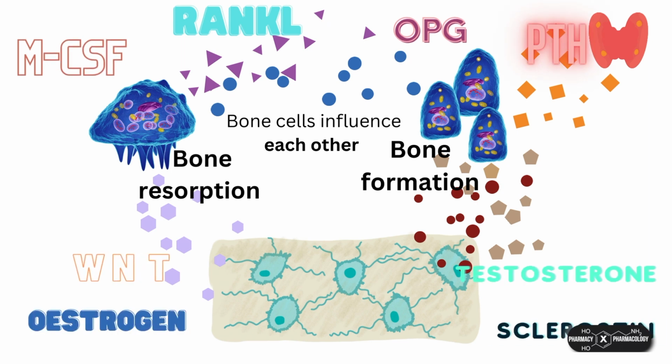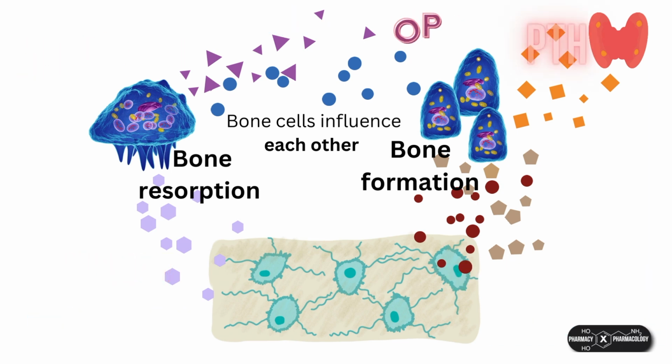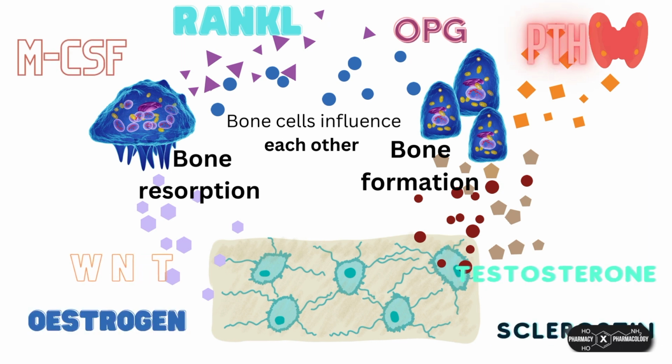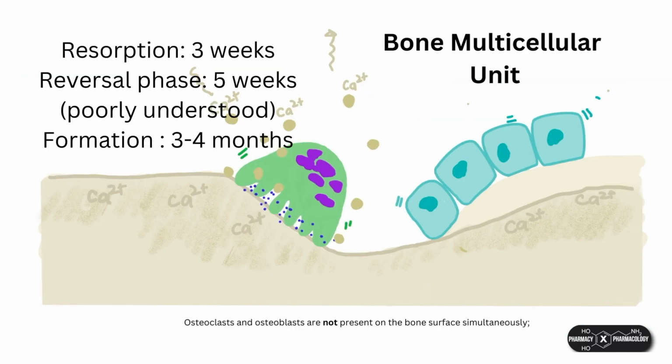And this illustration is to show how the three types of bone cells communicate with each other via a multitude of different signaling molecules, of which I'm pretty much only going to be talking about two in relation to the mechanism of action of the osteoporosis drugs available. But just know that I will only cover a small fraction of the various different signaling communications which go on between osteoclasts and osteoblasts and osteocytes.